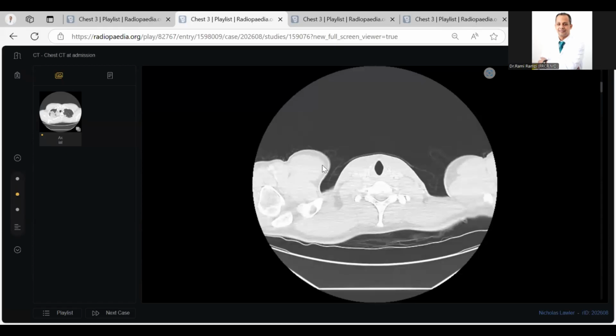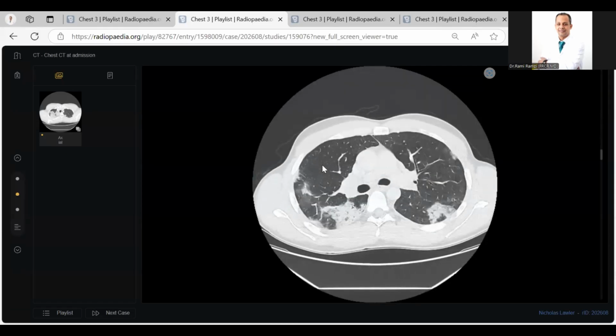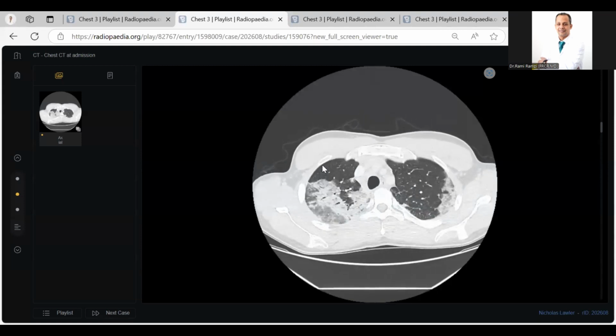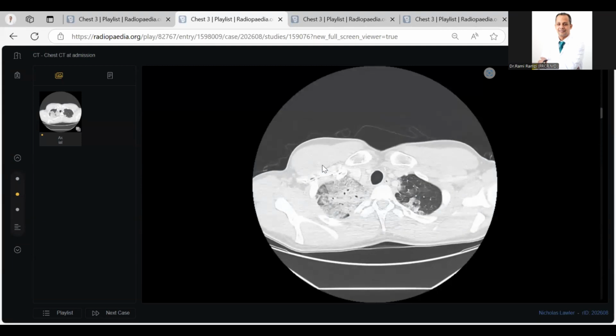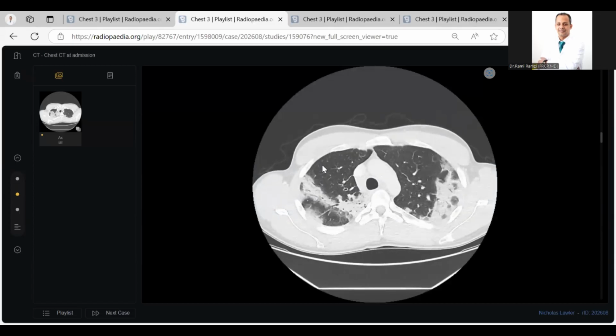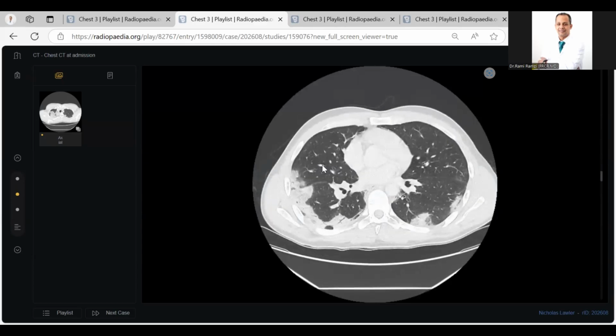I have been presented with an axial CT scan of the chest, lung window, where I can see multiple peripheral based opacities within both apices, located in the peripheral location. I can see there is some central lucency with surrounding consolidation.